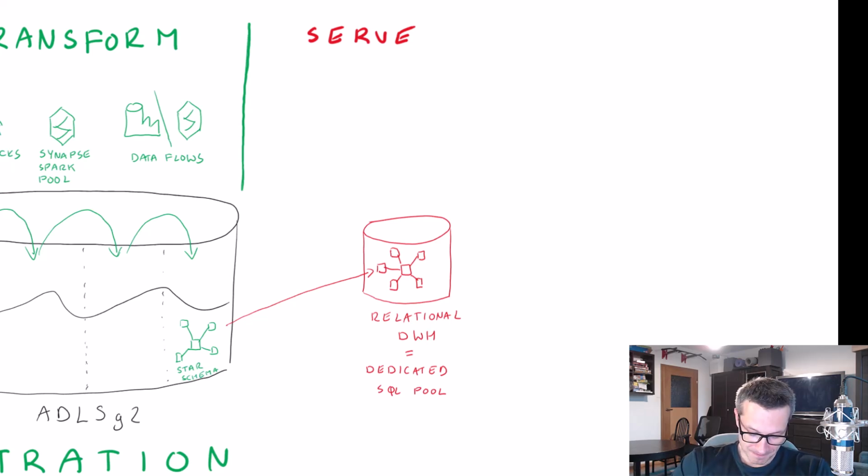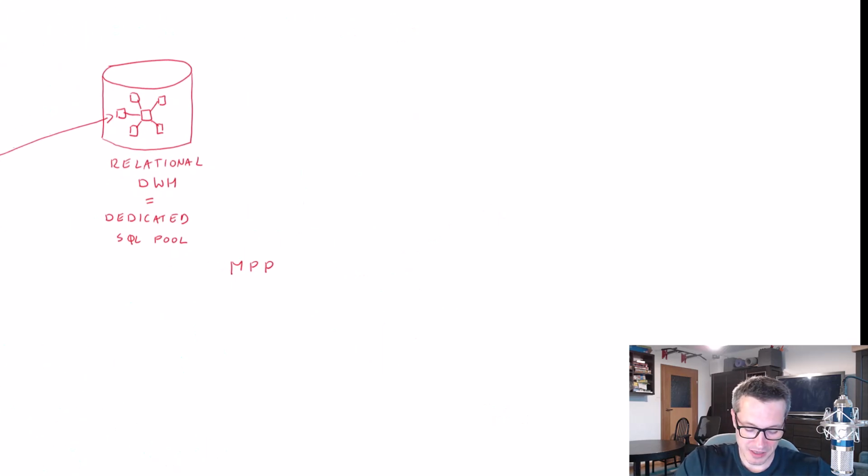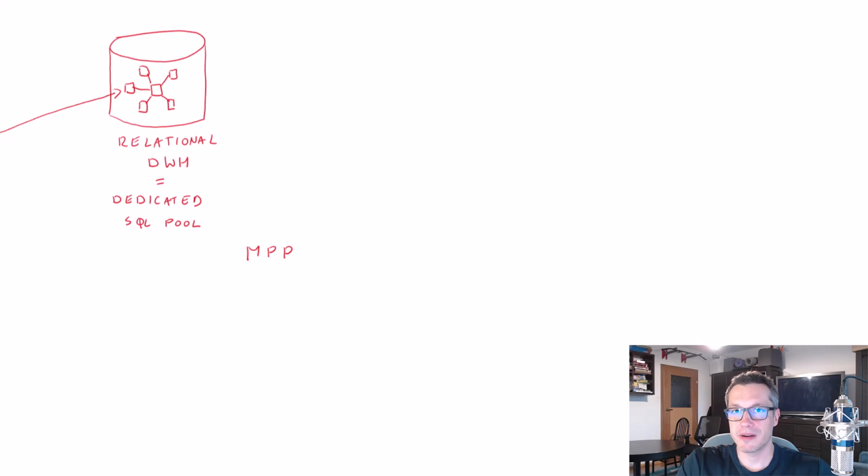Now, a very important thing about dedicated SQL Pool is to understand its architecture, because it is not a typical database like Azure SQL database or SQL Server. No, it uses this concept of MPP, strange abbreviation, but it simply means massively parallel processing.